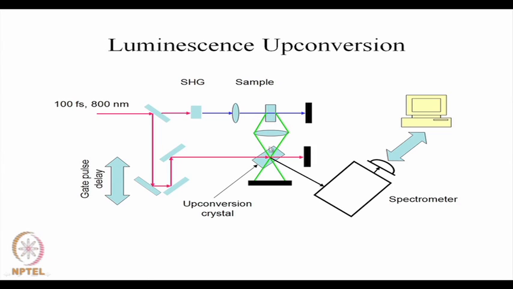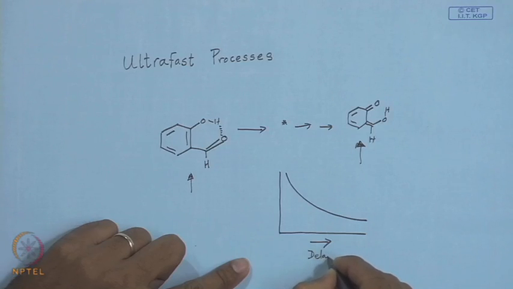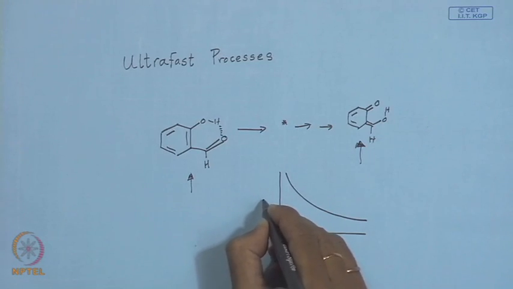When these two exactly match, that is your time 0, and then you progressively delay or advance this gate pulse to generate your time axis, so that ultimately you generate your decay profile like this. So it is your delay. Delay corresponds to the delay between your gate and your fluorescence, and this is your fluorescence intensity.